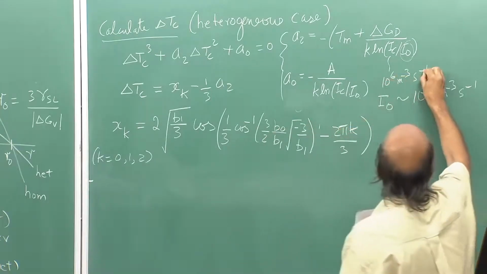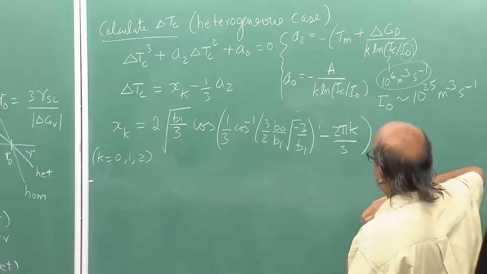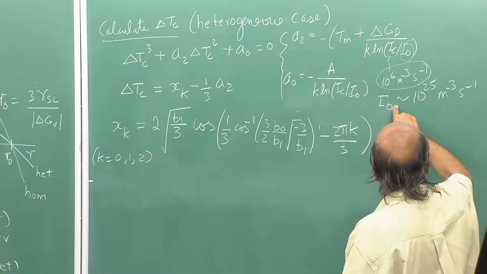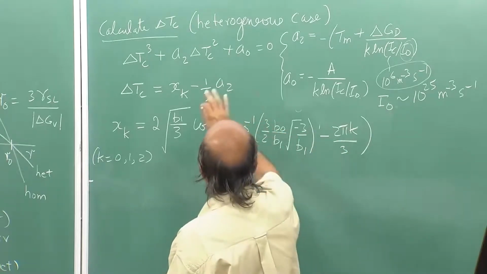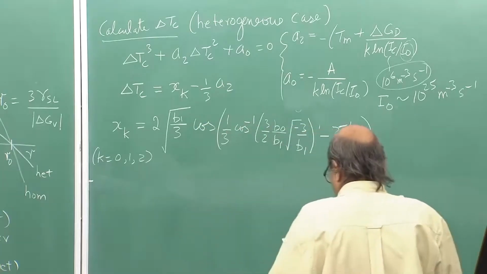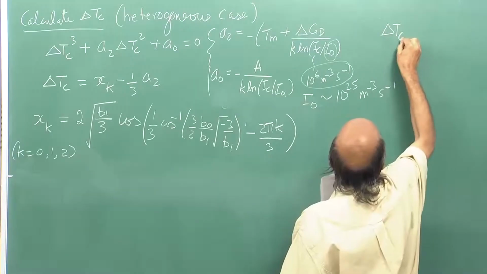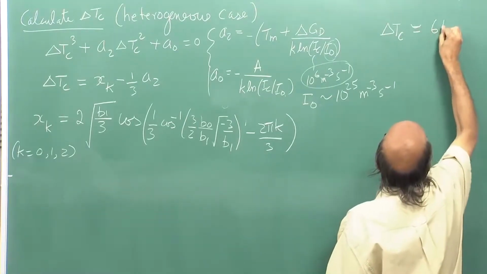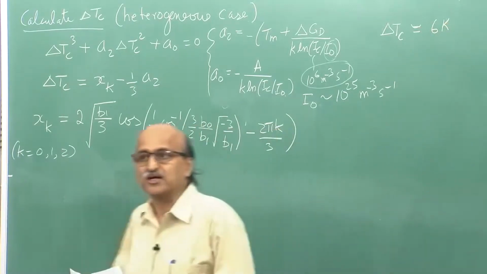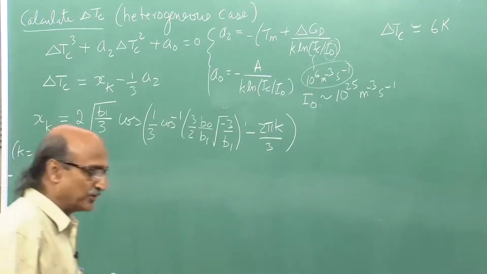So with I0 as this, and Ic as the measurable nucleation rate, substituting it in this, we obtain a critical undercooling of approximately 6 degrees Kelvin. That is 6 degrees below the melting point, or 6 degrees below 0 degrees centigrade.